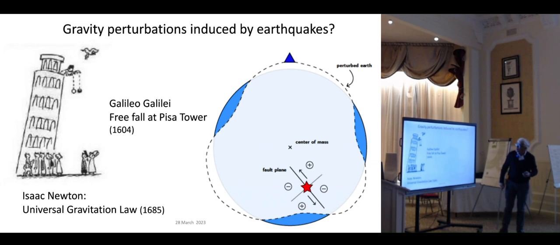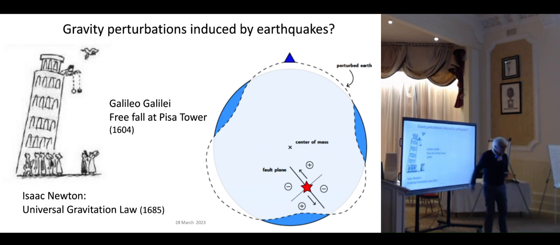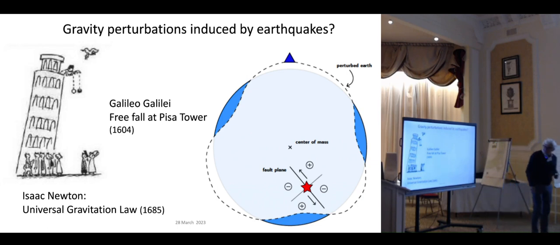Okay, so let's try to understand what's going on. By the way, it's interesting to realize that the first free fall experiment was done by Galileo about 400 years ago. And of course, following this free fall experiment, there was the gravitational law of Isaac Newton some years later.